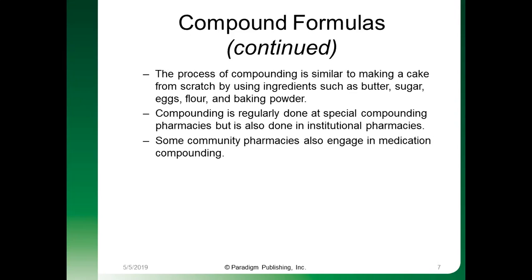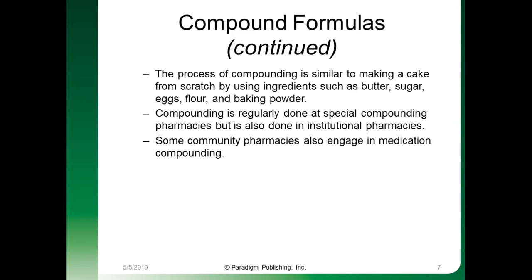So like we just read, there are special pharmacies that do compounding. They have a special license. And you do some type of compounding in hospital settings or convalescent settings where the patients are admitted into the hospital or things like that.